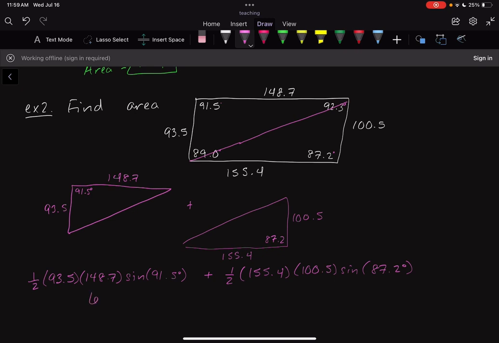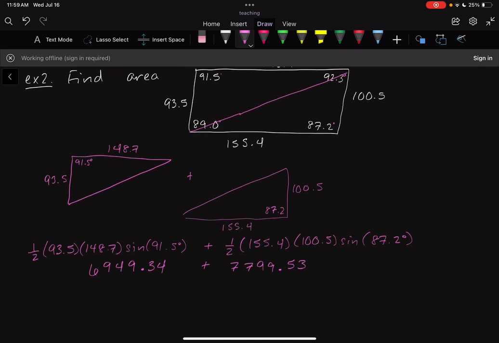So for this one, I get 6949.34. And then for the other one, I get 7799.53.